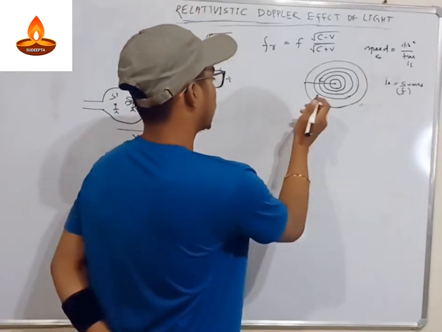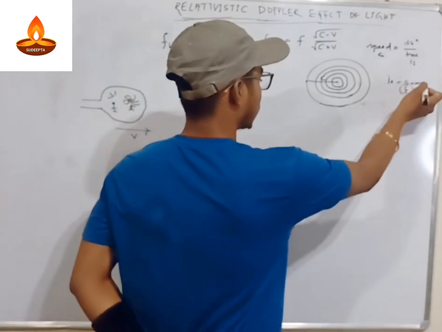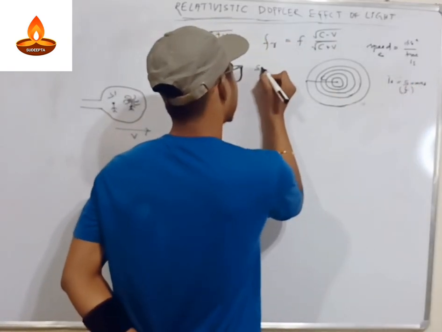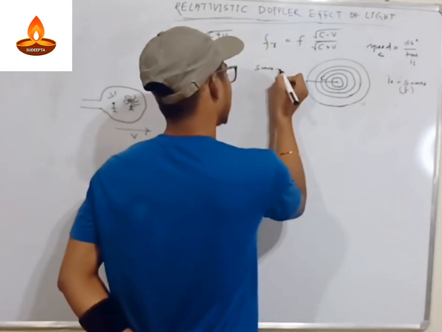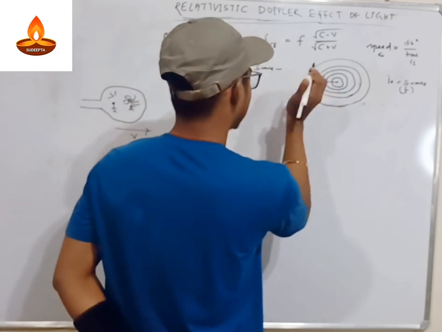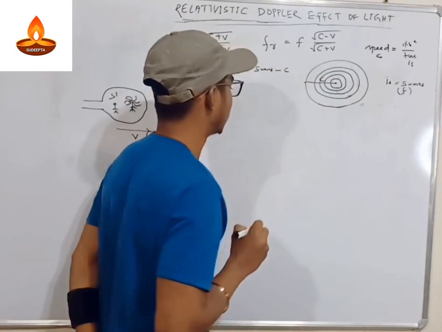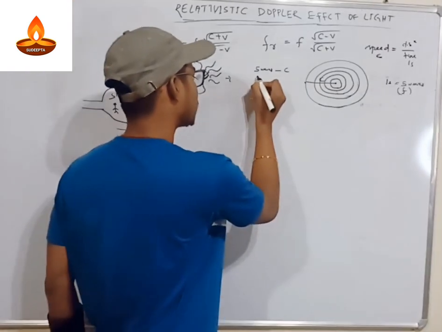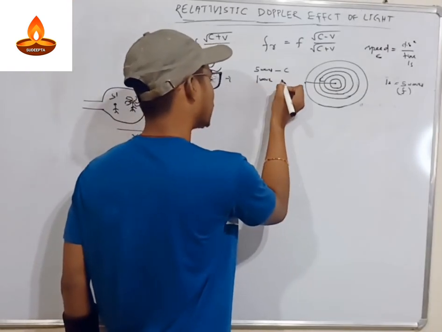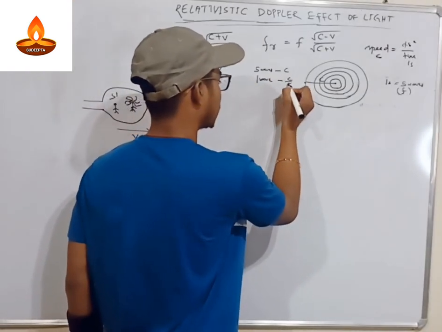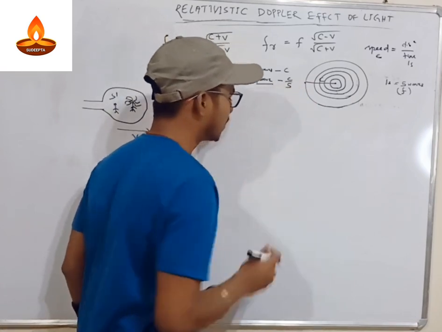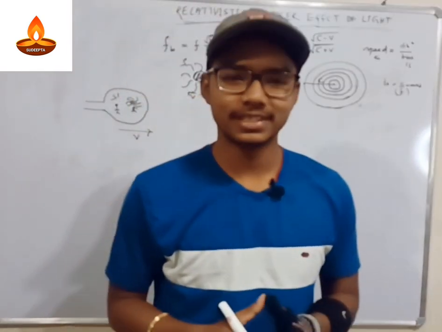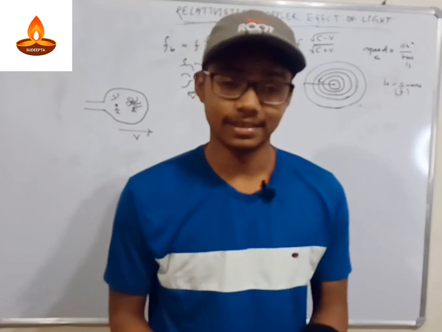Okay. What happens here? If we do the simple calculation, 5 waves take how much distance? They take c meters. That means one wave takes how many meters? That is c upon 5. What is one wave distance? It is called the wavelength.